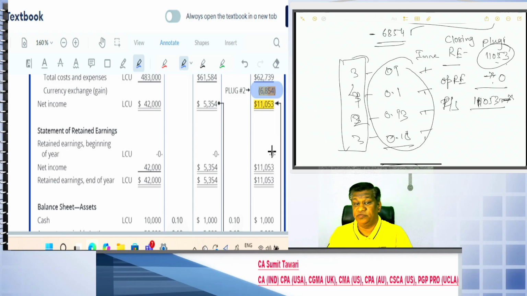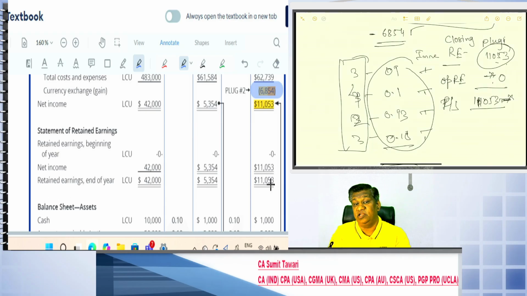Then whatever the difference from the opening balance, it comes from the income statement. So the retained earnings at the beginning of the year is 0, net income is 11053, and that is why the retained earnings at year end is this one.